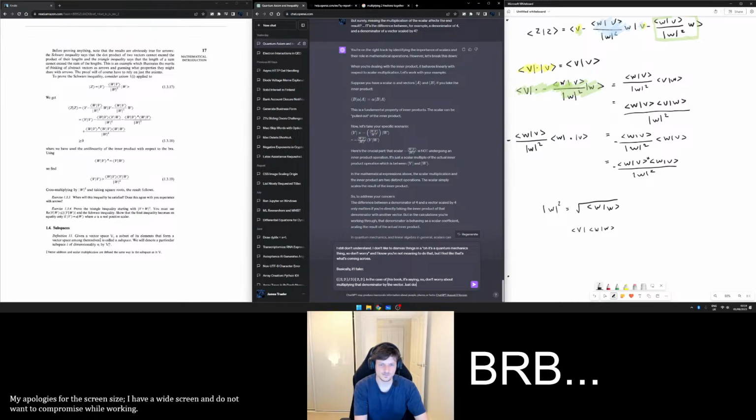Just do 4, 4 divided by 3, rather than 4, 4 divided by 4, 4.